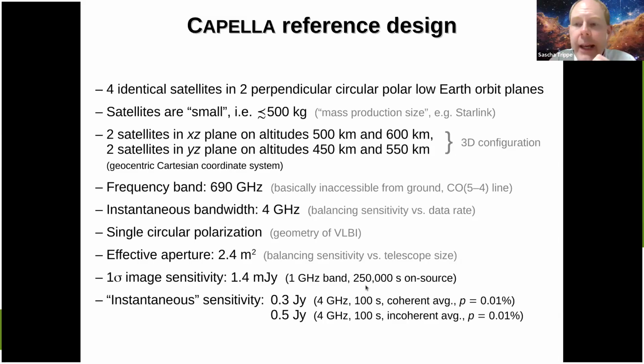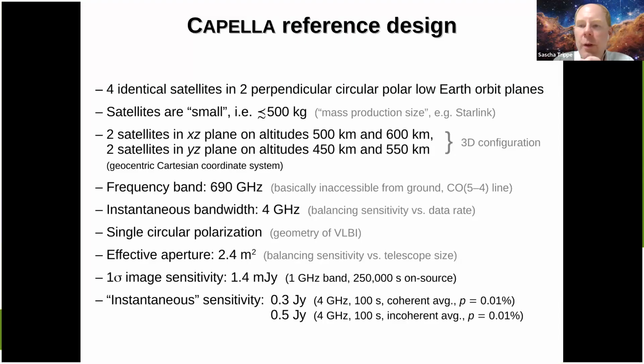The great thing is, of course, once we are in space, we can essentially keep staring at sources as long as we want. That's what the X-ray community has been doing for decades. When you talk to X-ray astronomers, they sometimes count observing times in units of megaseconds, which means we're talking about sometimes weeks of observing time.